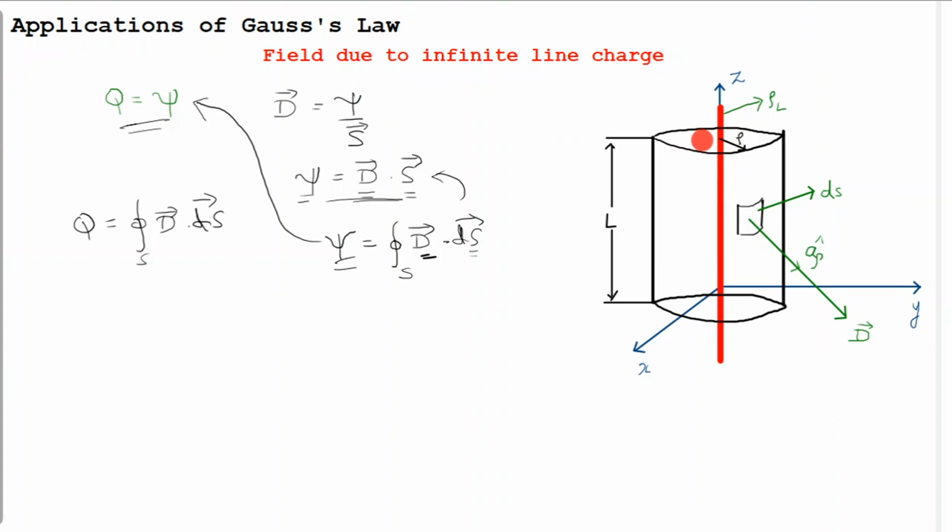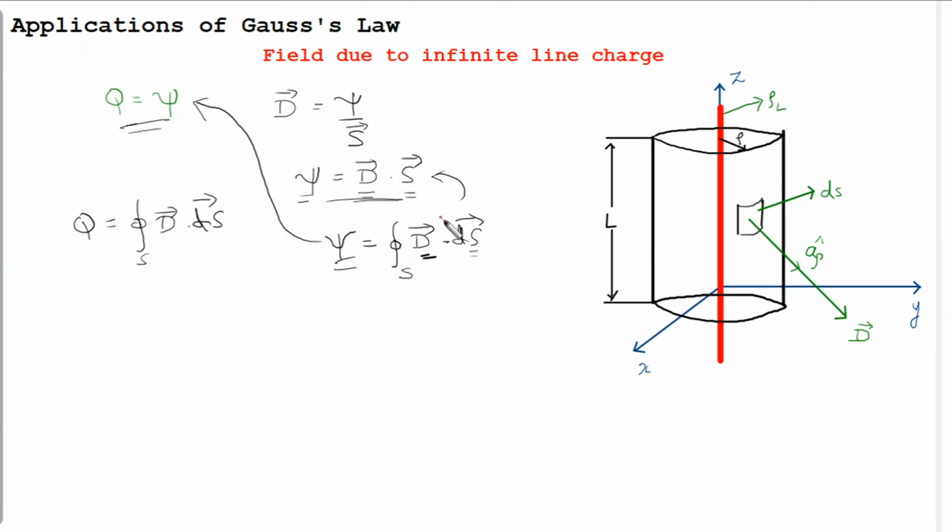You will not have any flux line coming out from the top surface or bottom surface because flux lines will be perpendicular to the line charge. Or rather, the surface should be held perpendicular to the flux line to measure. In either scenario, you are going to get flux lines coming only out of the lateral surface.